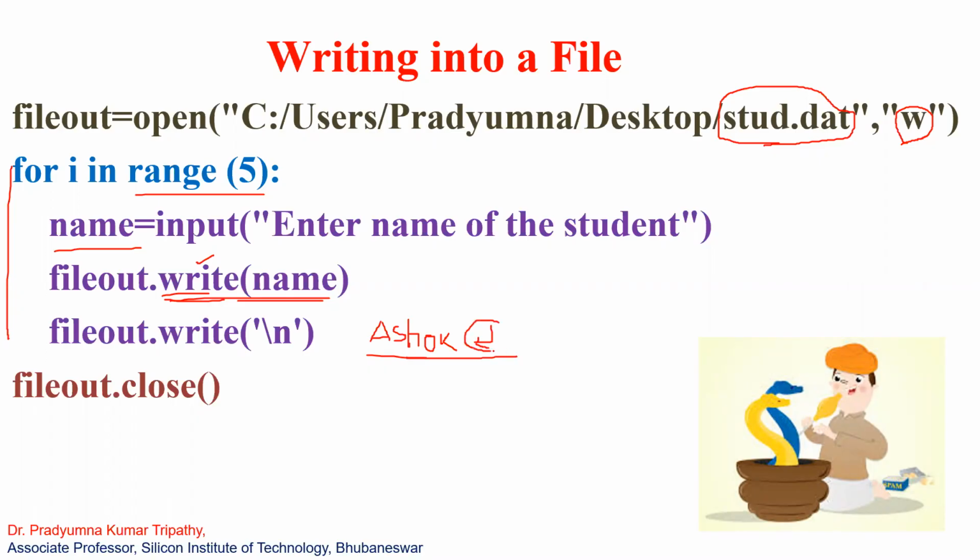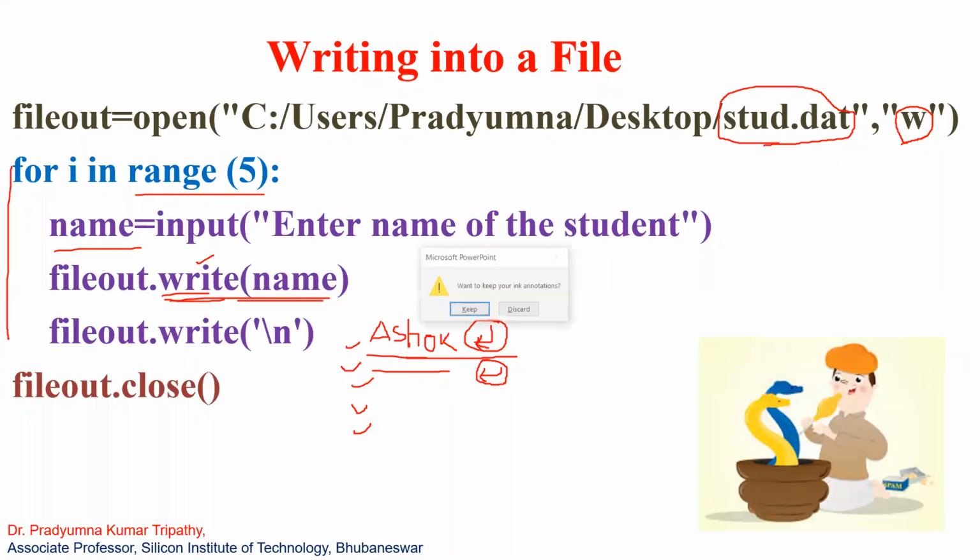So the next name that you write, along with the ASCII value of \n, will be written into the file. Like that, it will go on writing names. How many names? 5 names it will write into the file, and then it closes the file.